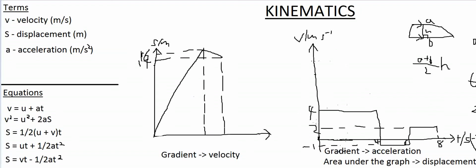Then the last portion accelerates at 2 meters per second squared for another 2 seconds. Wait, let me mark these two first. So the last portion will go something like this, up to 8 seconds.